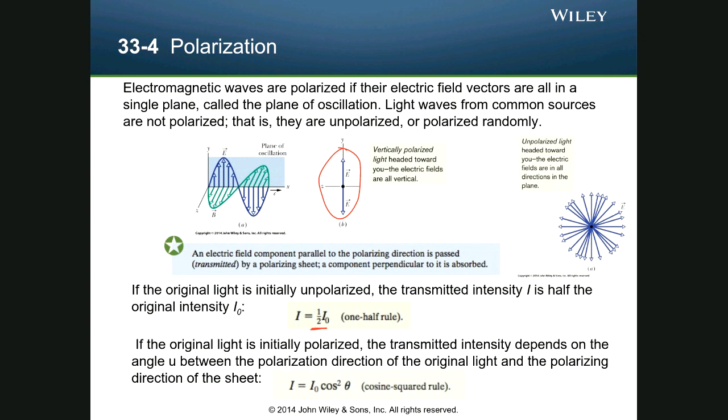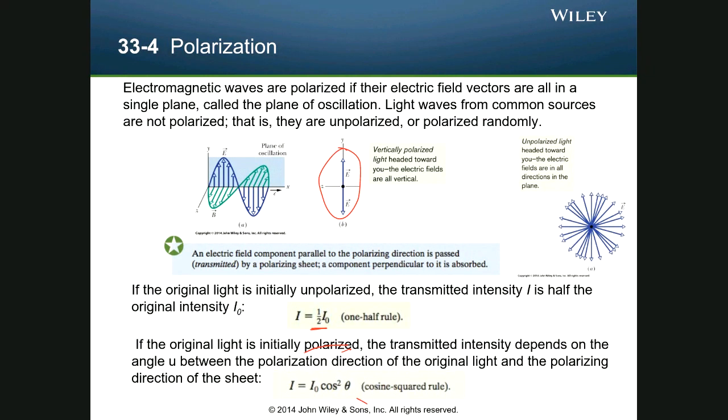Now, once you have polarized light, you can further play with the polarization. If the original light is initially polarized, the transmitted intensity through a secondary polarizer depends on the angle.